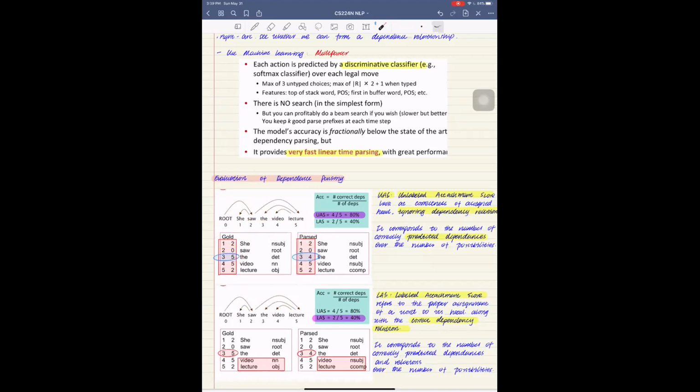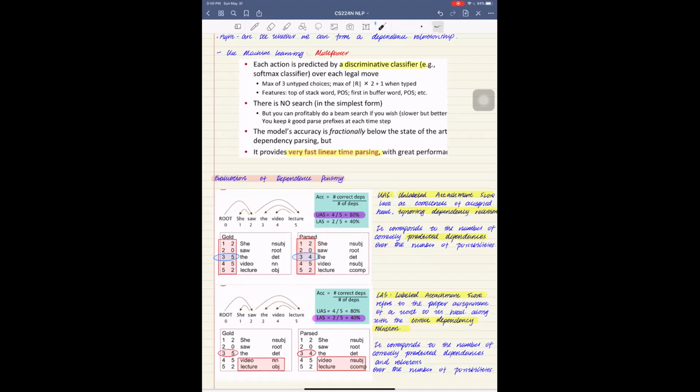So we count how many correctly predicted combinations we have, then divide the correct number by the entire number, which is 4 by 5, 80%. And that's why we have 80% here.